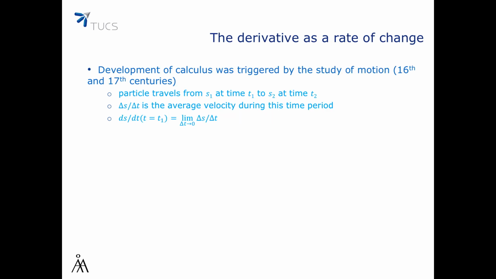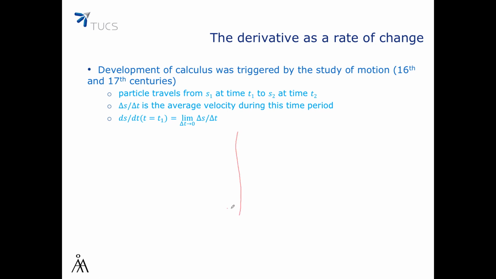The development of calculus was triggered by the study of motion already in the 16th and 17th centuries. They were studying some particles traveling from some point S1 at time t1 to some point S2 at time t2. And delta S over delta t is the average velocity during this time period.